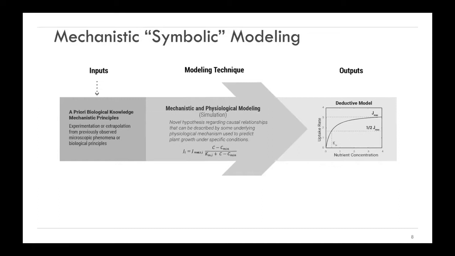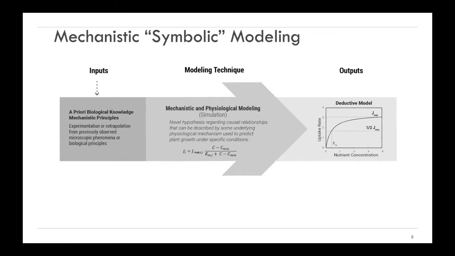change certain things. So in plant growth models for the last 50 or so years, one of the biggest, most popular and most well understood mechanistic models that's applied is something called Michaelis-Menten kinetics.